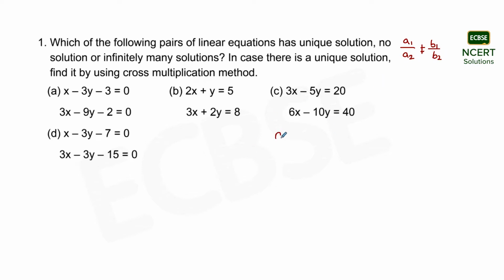Comparing them with the standard equations, that is a1x plus b1y plus c1 is equal to 0, and the second linear equation a2x plus b2y plus c2 is equal to 0. Here we have assumed the two standard linear equations, and the condition for the linear equations to have a unique solution is that the ratio a1 by a2 should not be equal to the ratio b1 by b2.